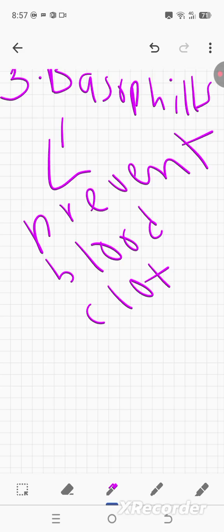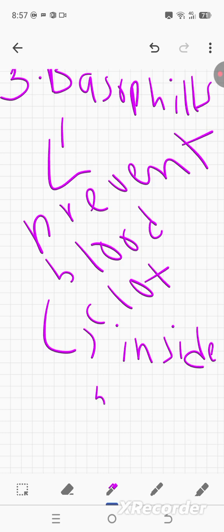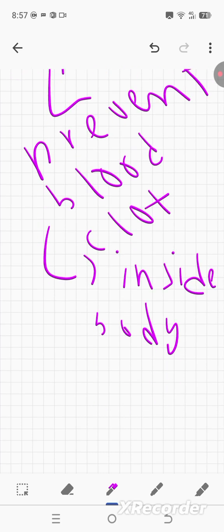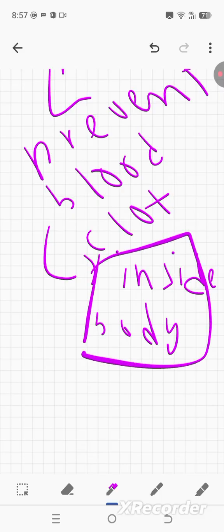They prevent blood clotting. Where? Inside the body, like in arteries or somewhere when the blood gets clotted. There basophils help the blood not to clot. They help prevent blood clotting inside the body, not outside.